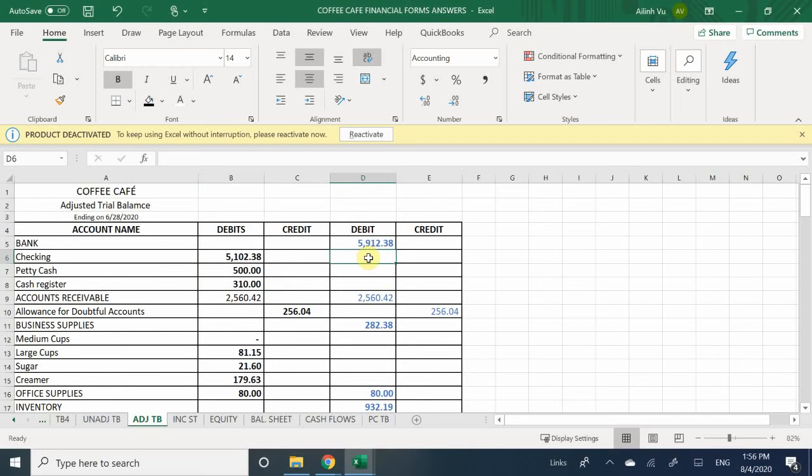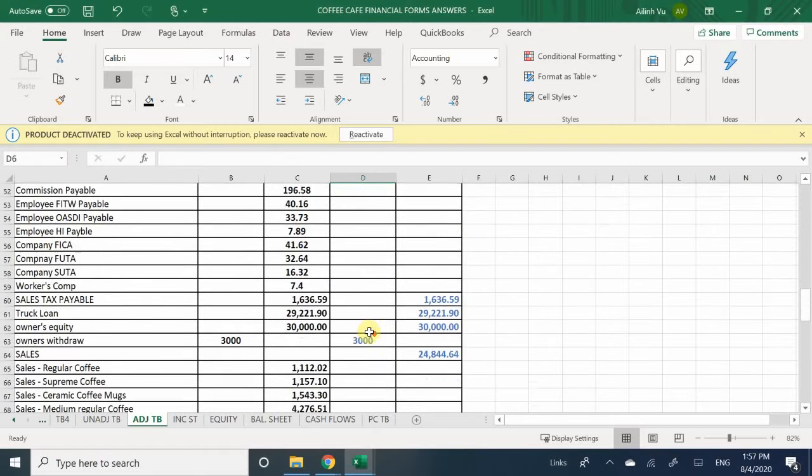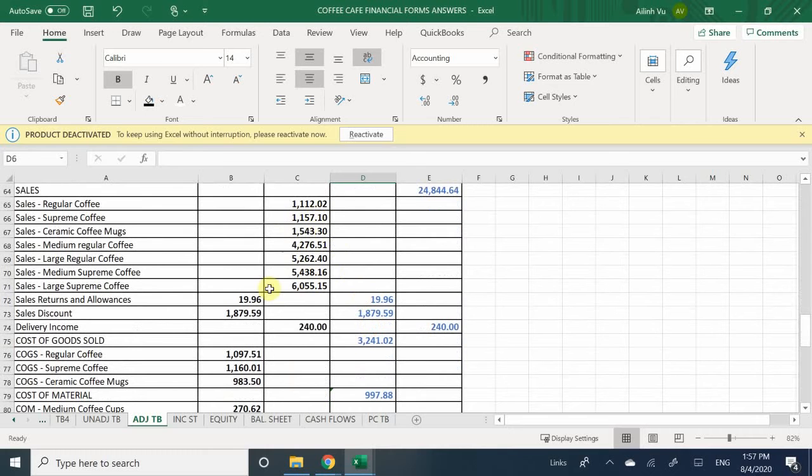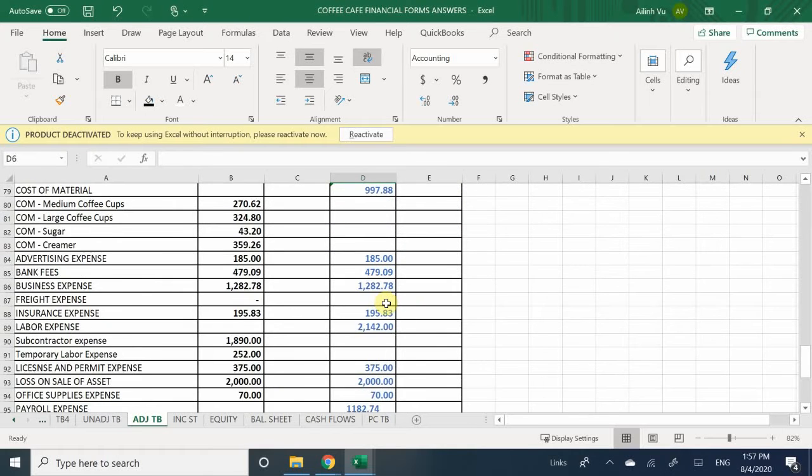And usually for the main accounts, it is 10 times easier to do your financial statements that way. So here I just summed up every single main account, and all of those are in blue, while all the ones in black are every single account that you see. Okay, that's the adjusted trial balance.